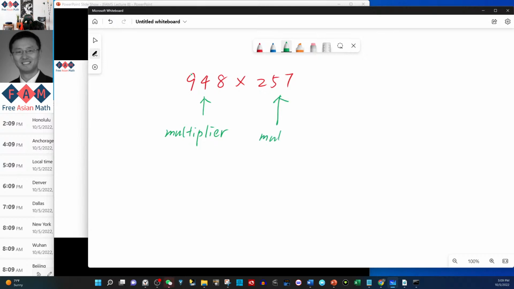This is called the multiplicand. So essentially, this is the number of copies, and this is the number that is being multiplied. All right. This operation means that there are 948 copies of 257. Add them together.